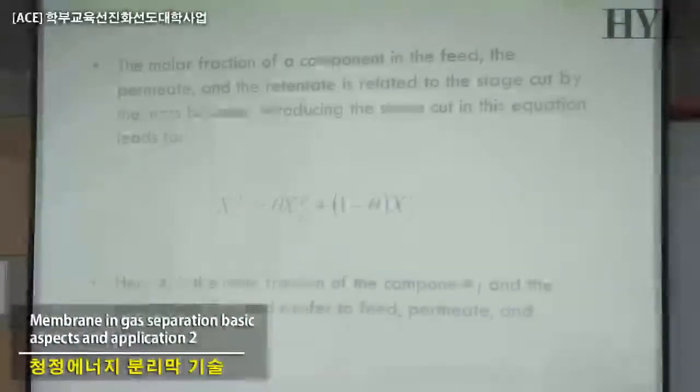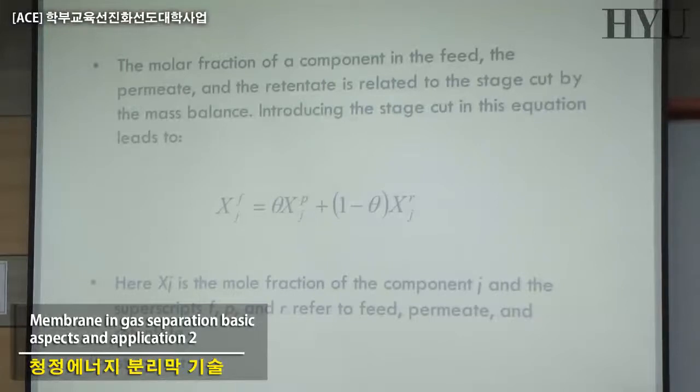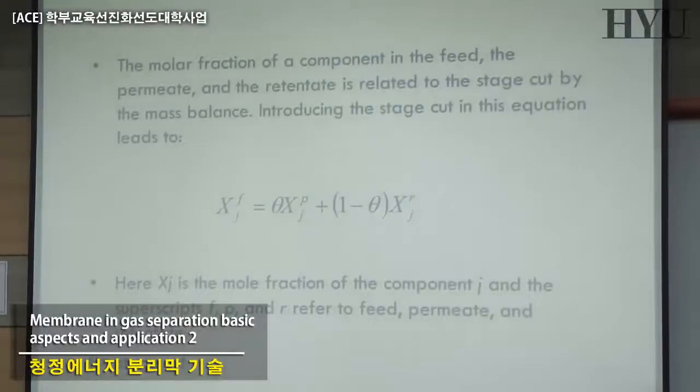It means that initially you have a certain amount of your components in one stream, and after, this component is subdivided into a permeate stream and a retentate stream. The product of this concentration, the molar fraction, times the volume of the initial feed has to be equal to the addition of the volume multiplied by the molar fraction of the two components in the two streams that have been produced through the membranes. And that can be rewritten exactly in this form here.